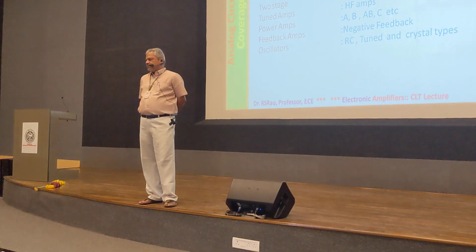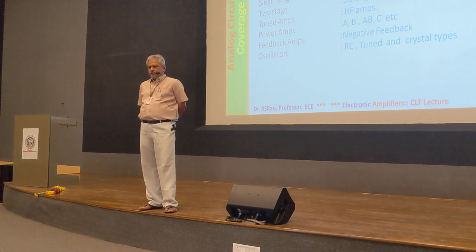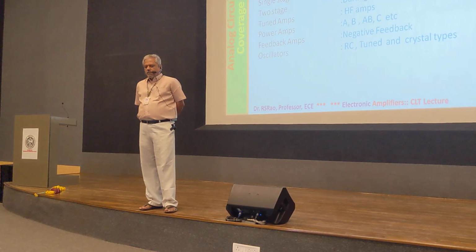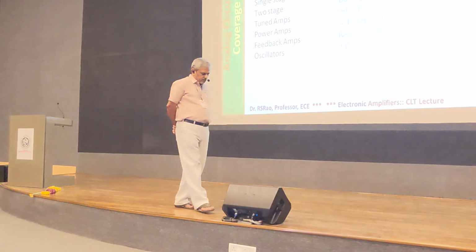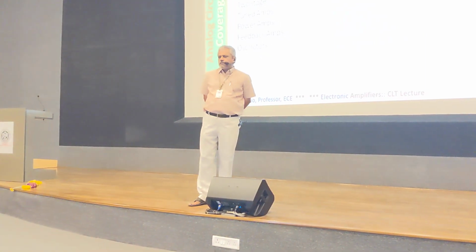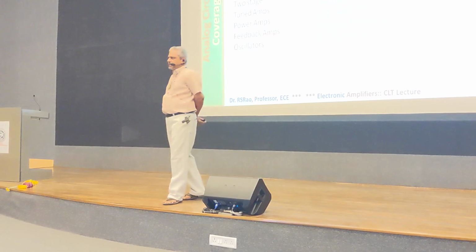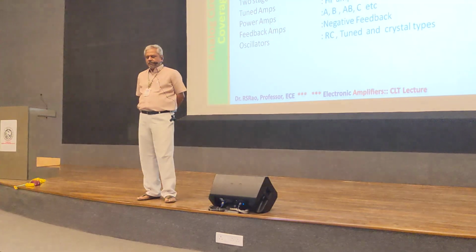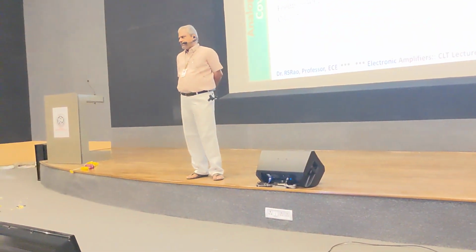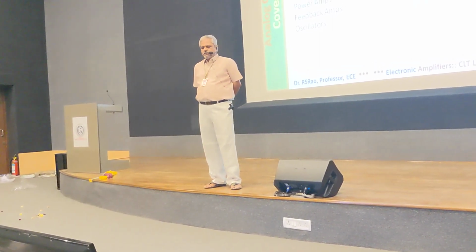Several different types of amplifiers are there. As I already told you, CE offers the best performance among the three BJT amplifiers, and CS offers the best performance among the three types of FET amplifiers.